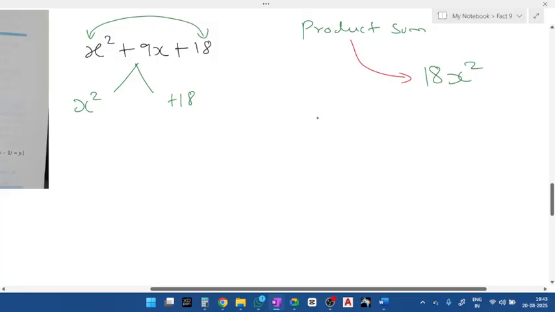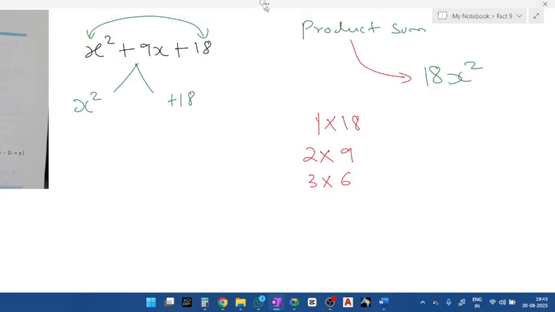What are the factors we have? 1 into 54, like this. 2 into 27.